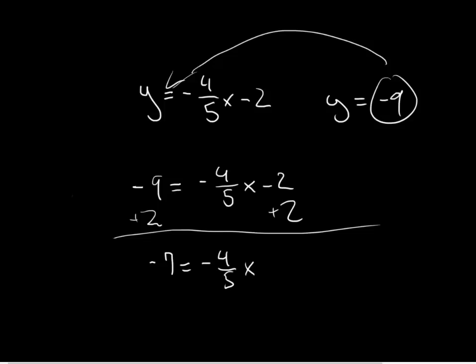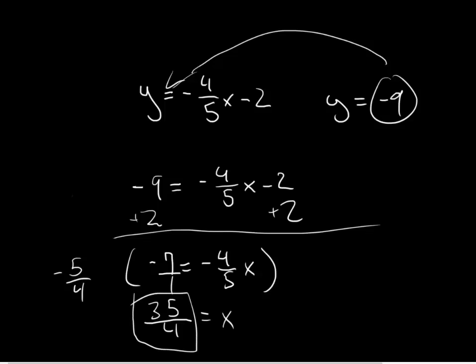Remember to multiply by the reciprocal, which is 5/4, but it's also negative, so we should really multiply by -5/4 on both sides. -5 times -7, if it helps, write -7 over 1. That's going to be positive 35 over 4. And on the right hand side, all we're left with is x. So 35 fourths is the final answer.